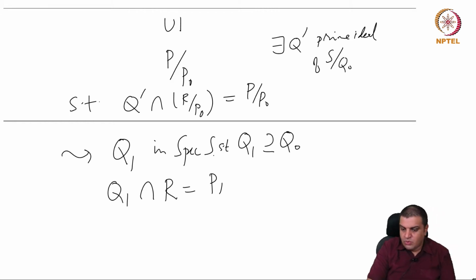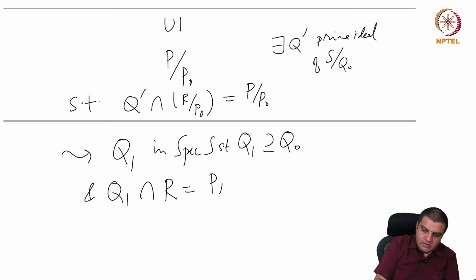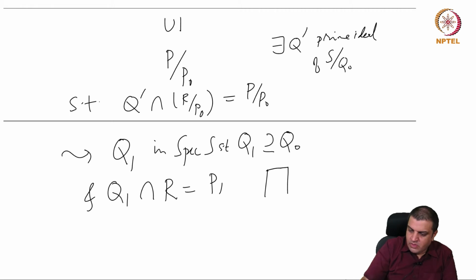So such a Q prime will give a Q1, its preimage, having this property. Okay, so this is the going up theorem.